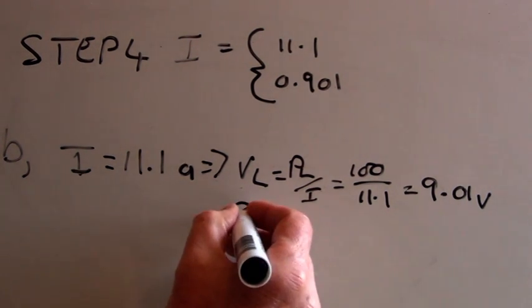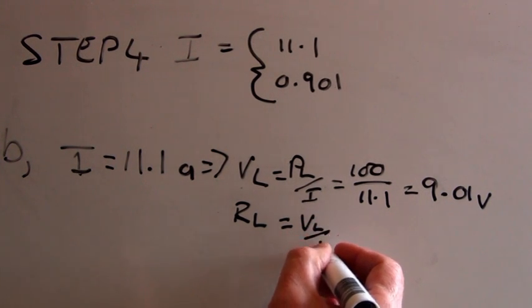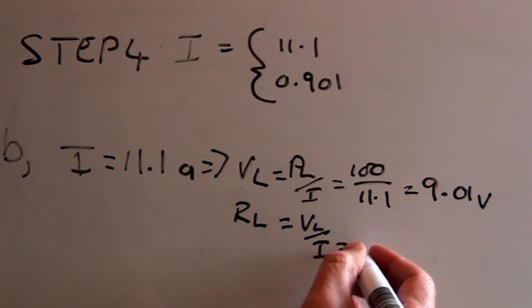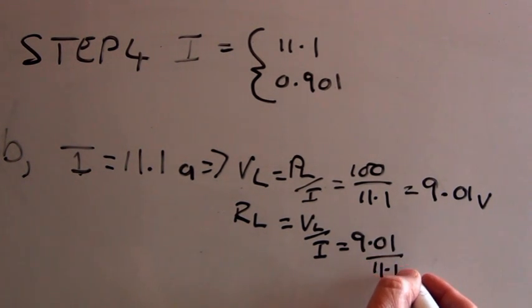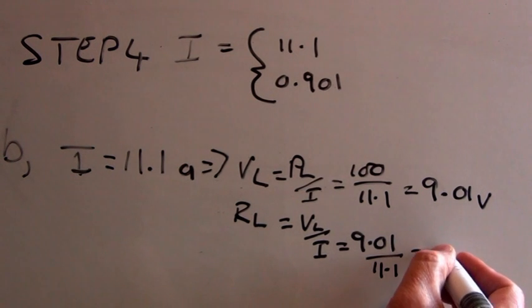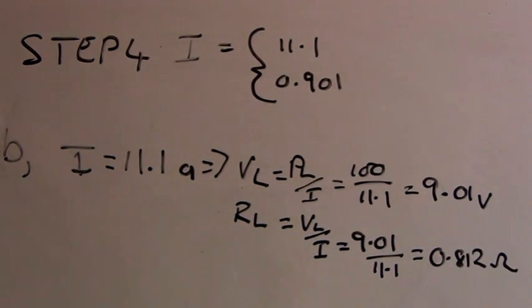Then R_L equals V_L divided by I, which equals 9.01 divided by 11.1, which equals 0.812 ohms. So I will now tabulate these results, and this will give us a clearer picture of what is happening in the circuit, culminating in identifying the correct current for the load that we have in the circuit.